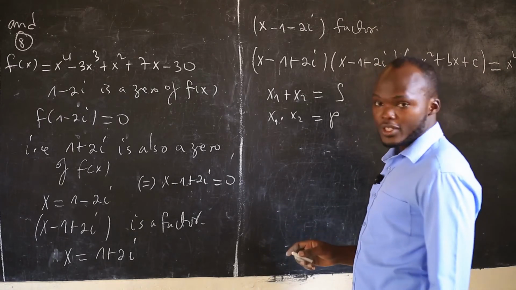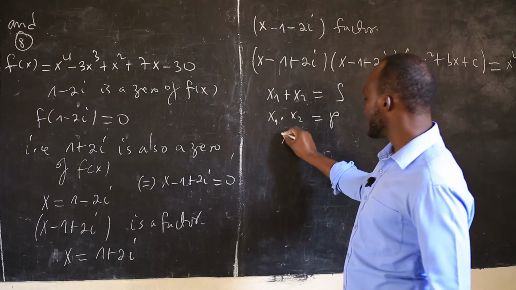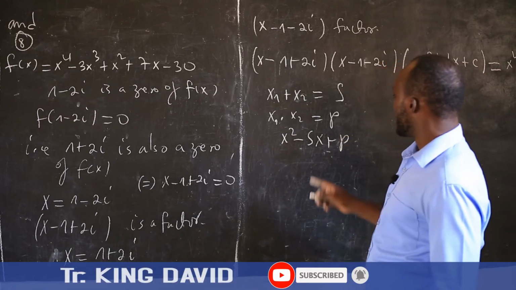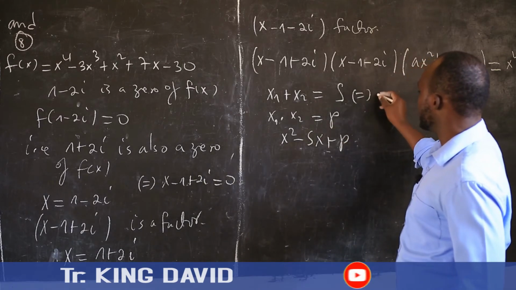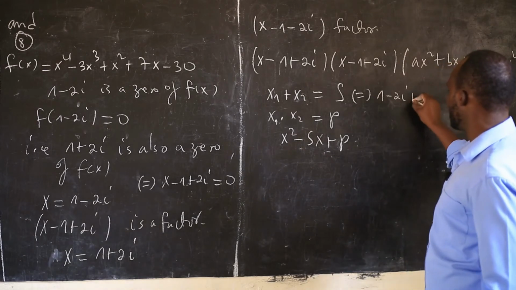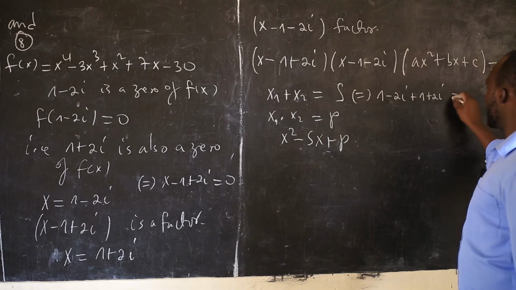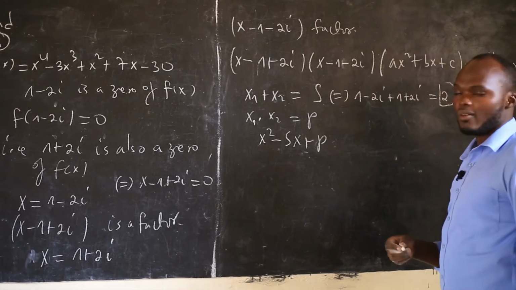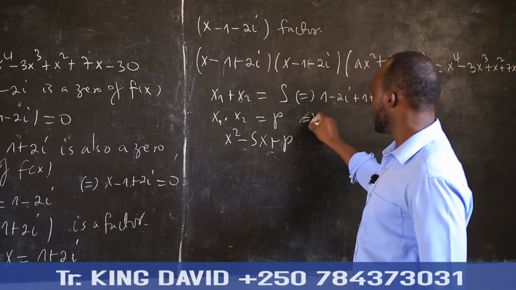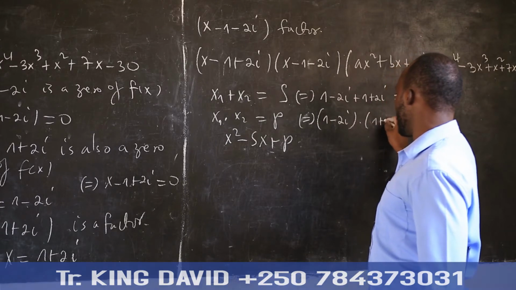Then we use the quadratic formula in the form of sum and product, which is x squared minus sx plus p. Now this sum is 1 minus 2i, which is x1 as a root, plus 1 plus 2i. Finally, the answer is 2. Our sum is 2. Then we get 1 minus 2i times 1 plus 2i. We get the product.